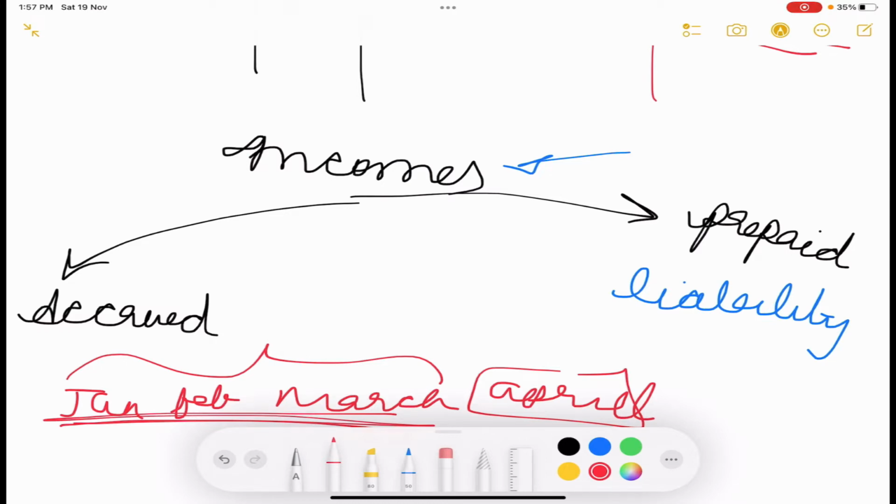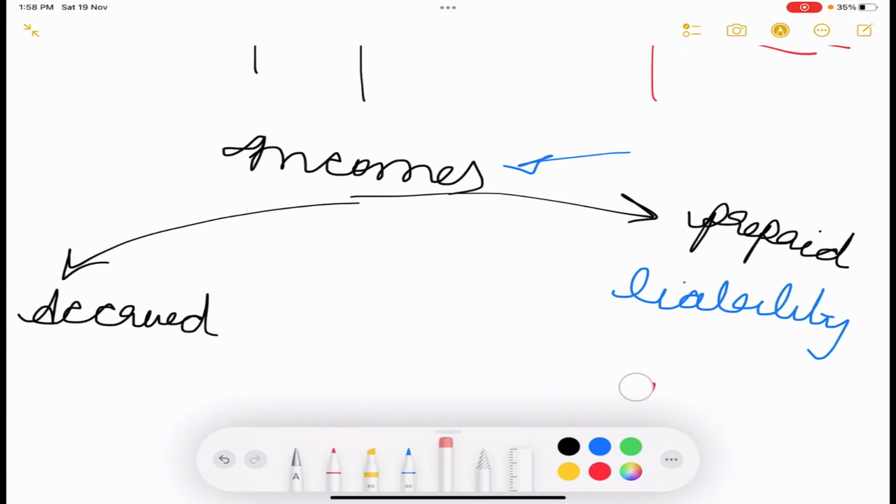So that is my accrued income, which means I deserve the income. I have to get the income because I have provided the services. That means it is an asset for me. Got it? Understood the difference? Relate it with the expenditure. Think about how we did the expenditure, then it will be easy for you.